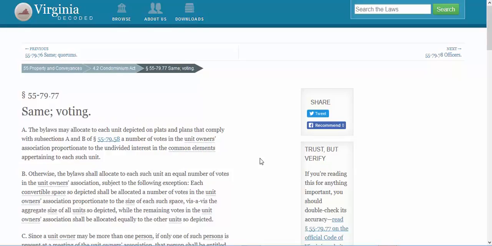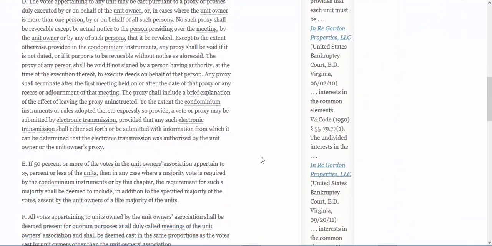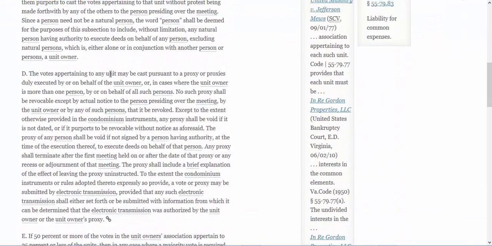So we're going to go down to section D, and this deals with proxies. Okay? Now, if you remember before, I told you there's some differences we have in our wording in our documents compared to theirs. So this is what we're going to go over, because everything else, the language is just about the exact same thing.